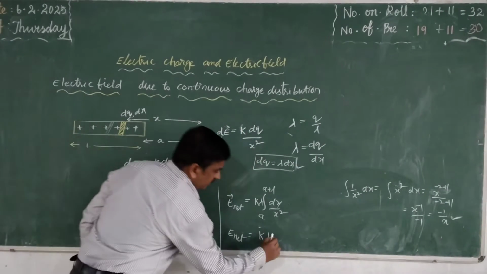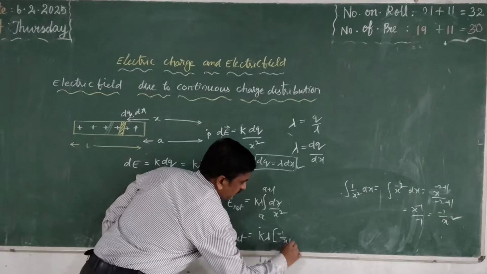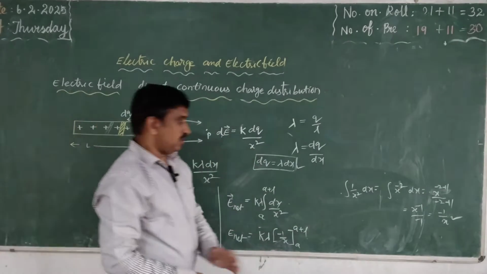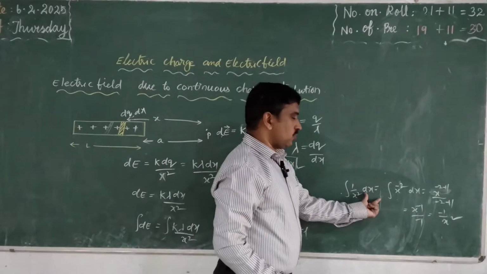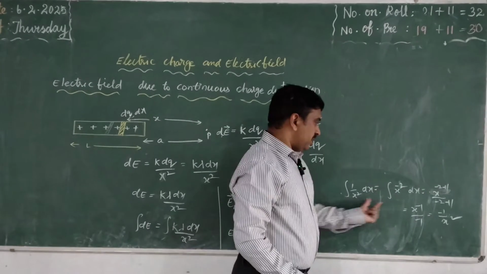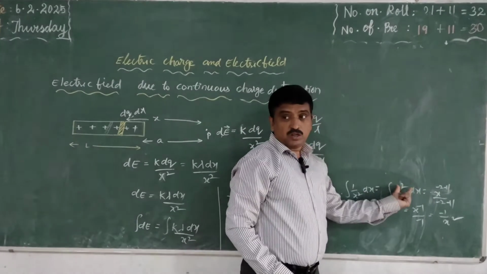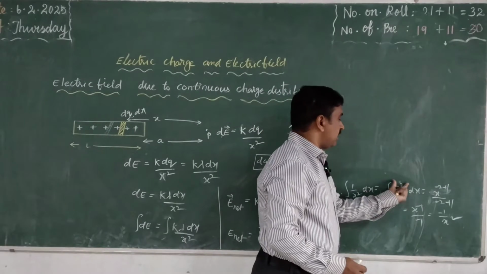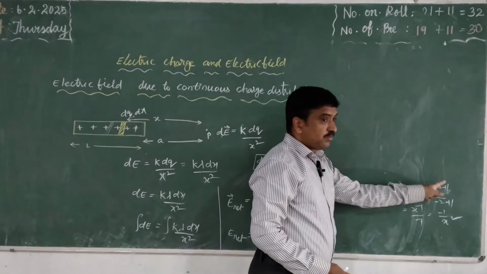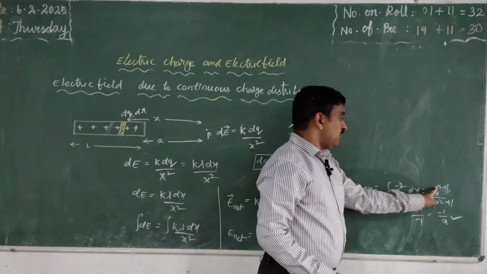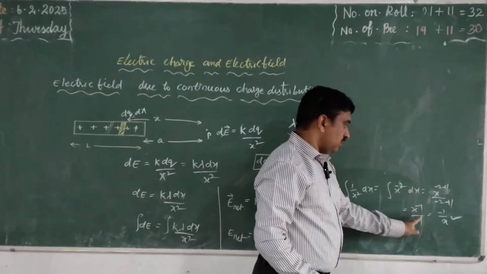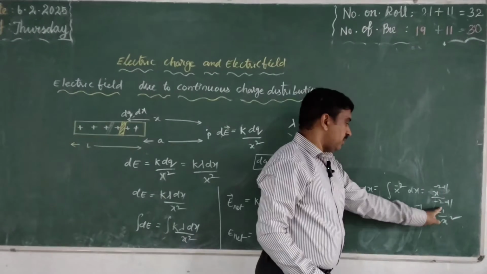So I write here the integral is minus 1 by x, with interval a to a plus L. Again, the integral of 1 by x square dx: x square in the denominator becomes x power minus 2 in the numerator, and x power n dx integrates to x power n plus 1 by n plus 1. With n equal to minus 2, that gives minus 1 by x.